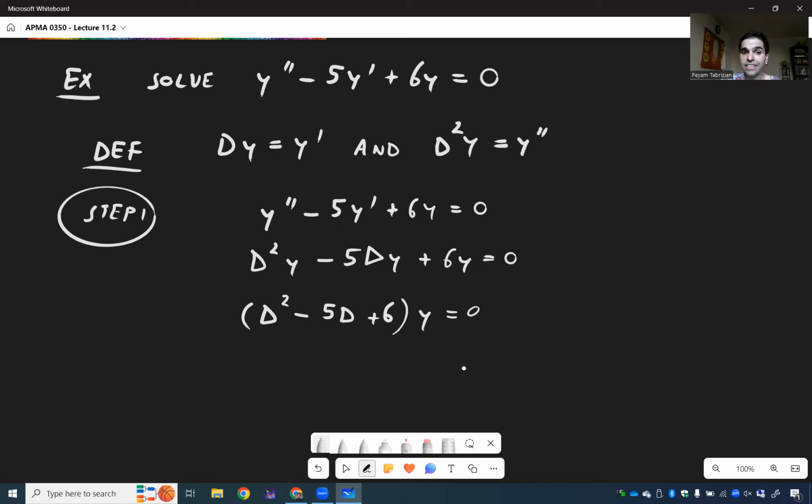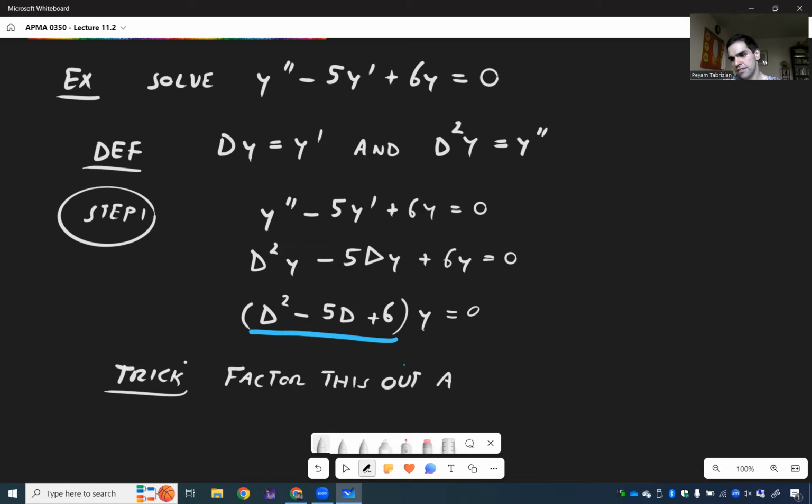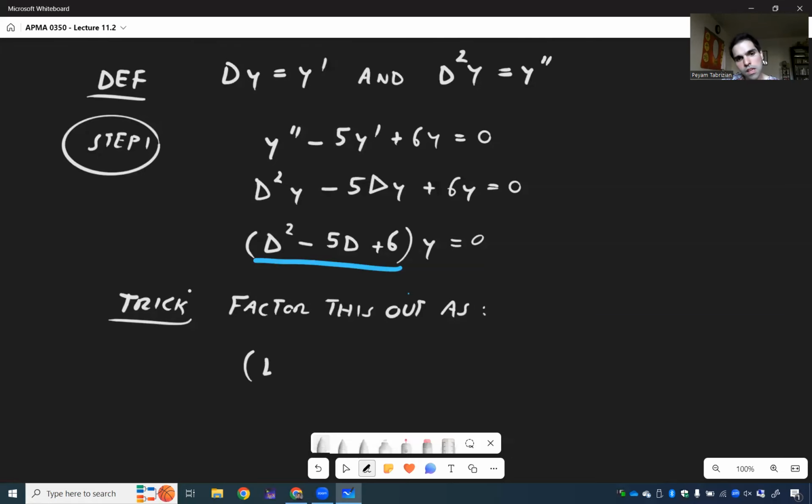And as I said, now what we want to do is factor out this d squared minus 5d plus 6. So trick, factor this out as d minus 2 times d minus 3, applied to y equals 0.